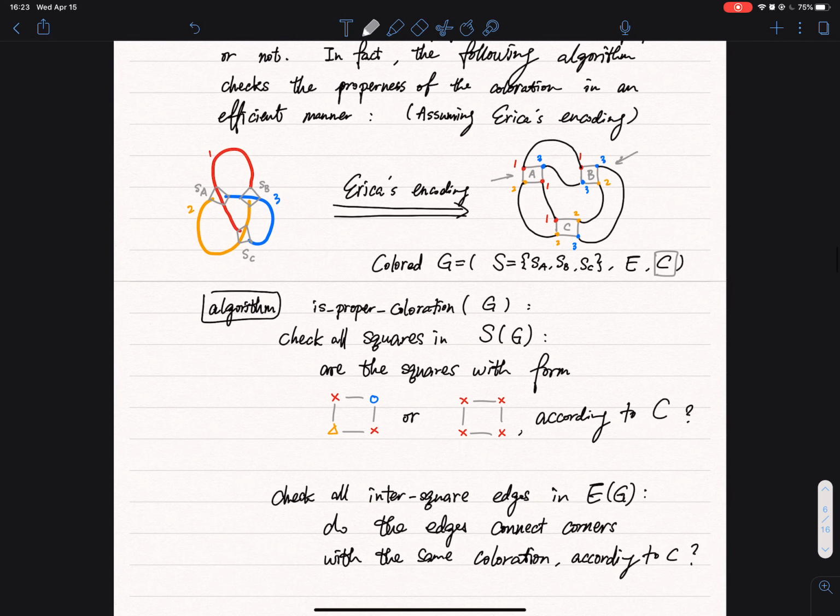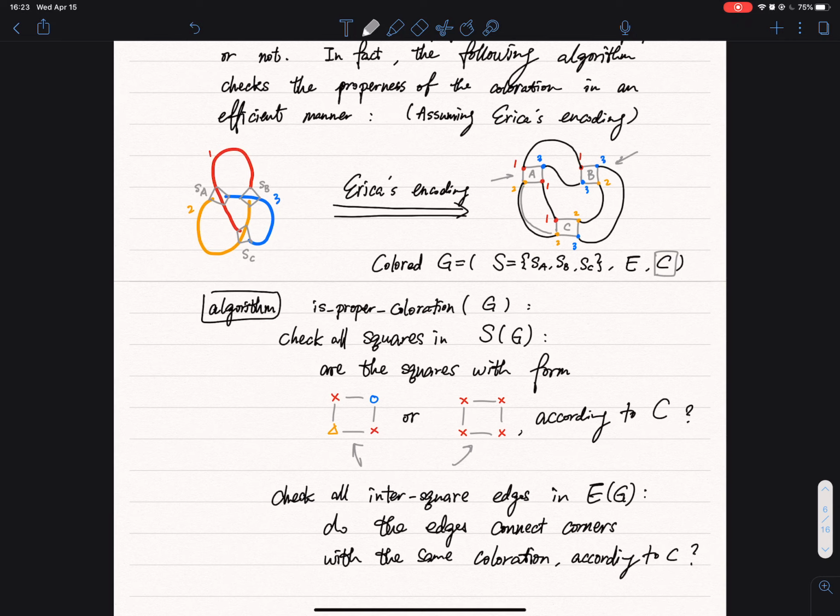And for each of the squares, we simply need to check that all of them are either within these 2 kinds. And also, just for the sake of sanity check, we want to make sure that every edge here connects to the same kind of color to make sure that every arc contains only 1 color.